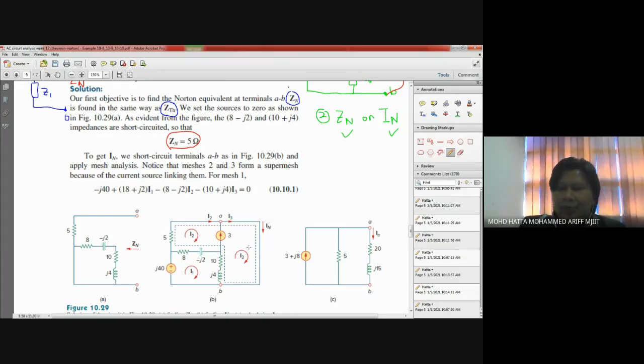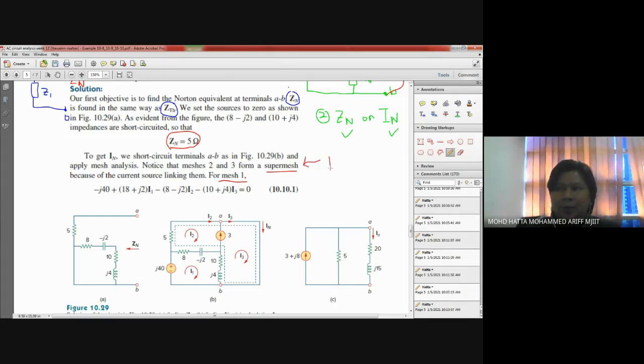It doesn't matter whether you use mesh or superposition. According to the solution, between mesh number 2 and mesh number 3, we have a current source. And if we have a current source in between those two meshes, we need to treat it as a super mesh. So recall back super mesh.